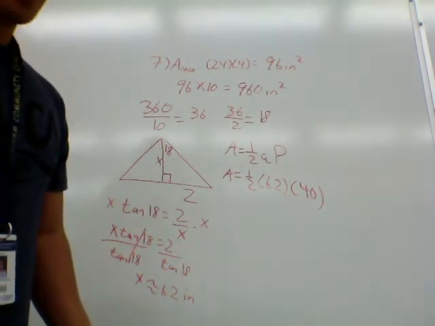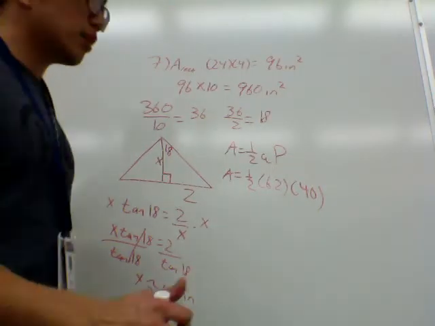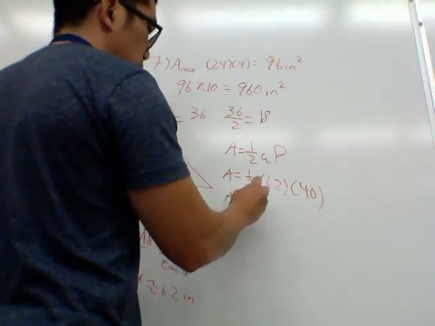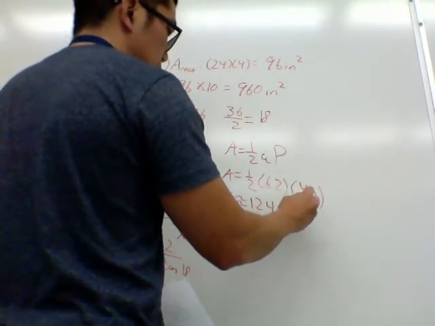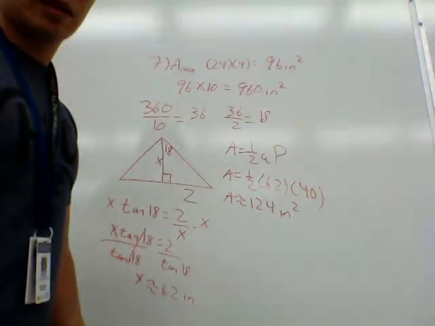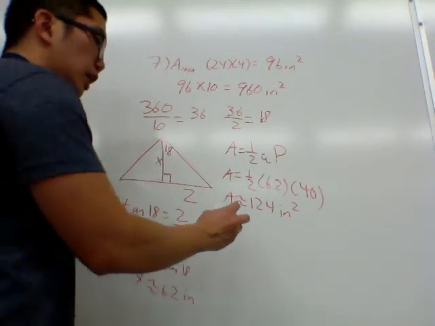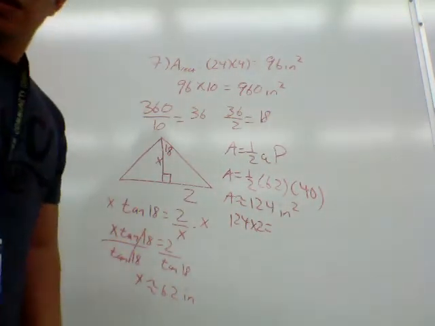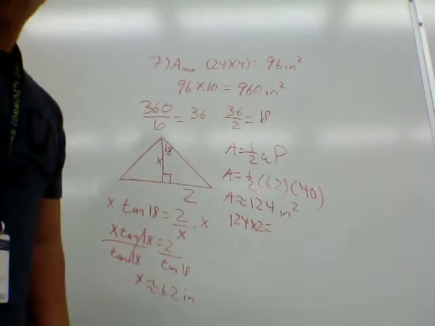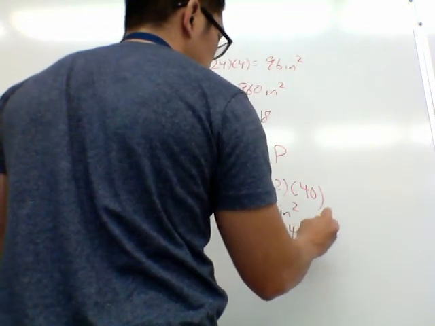So my answer here is going to be around 124 inches squared. Remember, I have 2 of the decagon, so I have to do 124 times 2. And that gives me 248 inches squared.